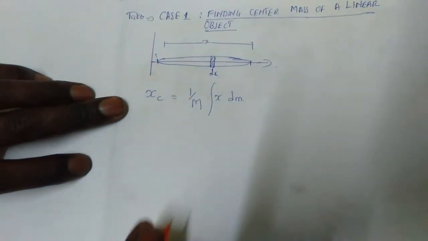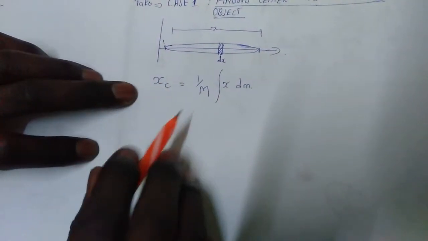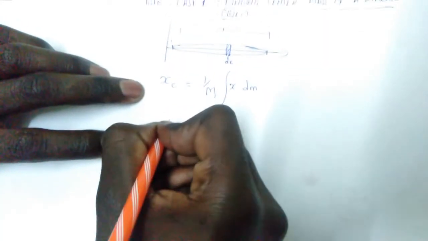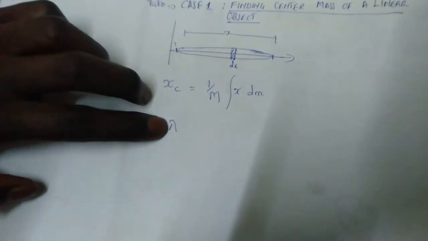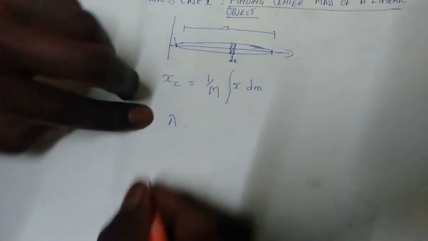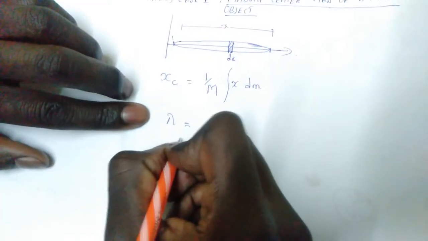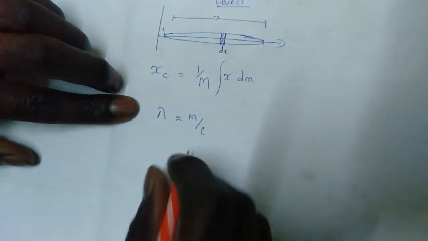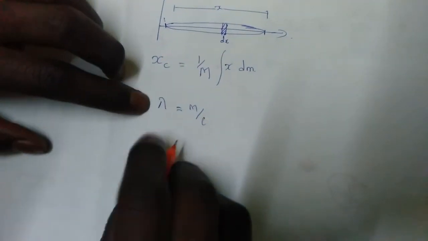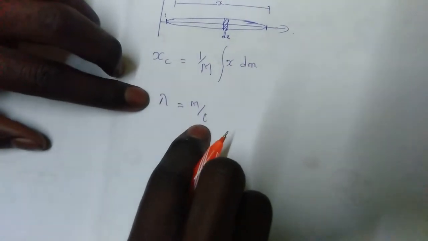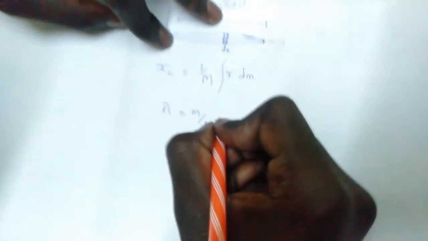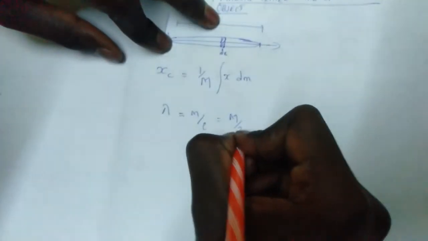A linear object has something called the linear density, denoted by lambda, which equals mass over length. Lambda equals mass over length. In this case, length is on the x-axis, so we take it as mass over x.